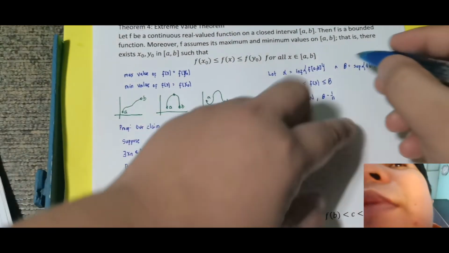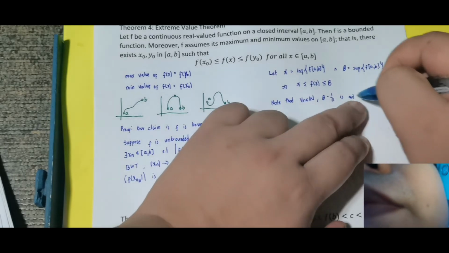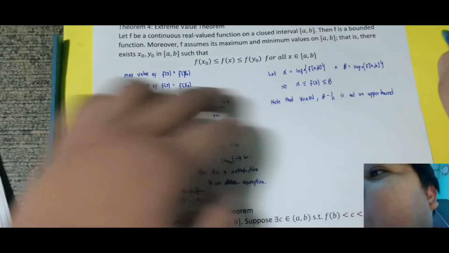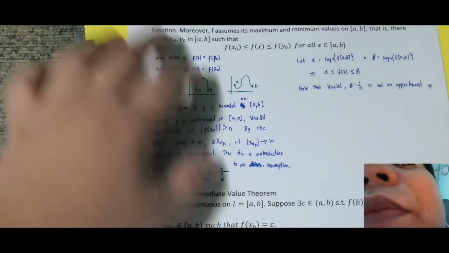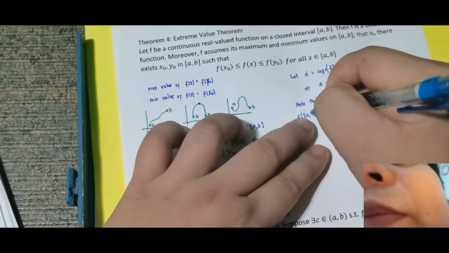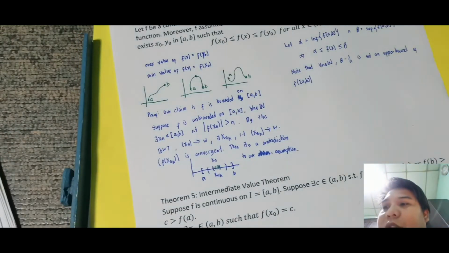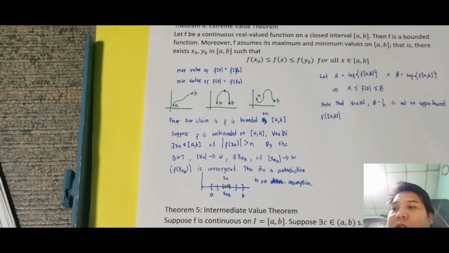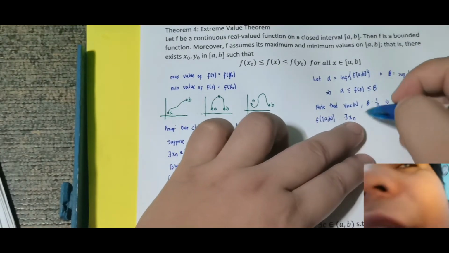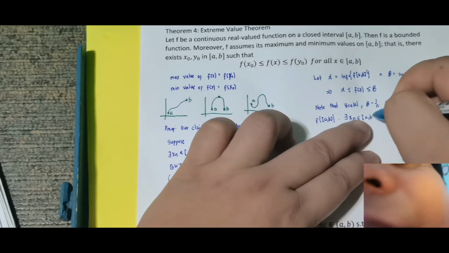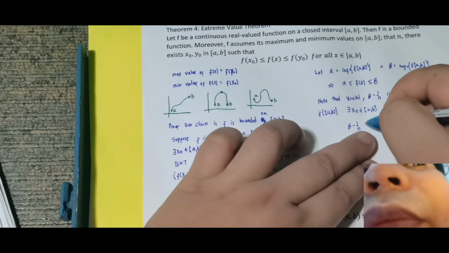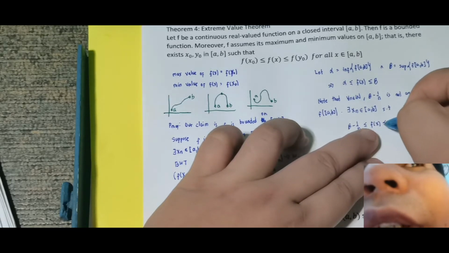So beta minus 1 over n is not an upper bound of f of the interval (a, b). Now, what does that mean? If it is not an upper bound of f of (a, b), then there exists an x sub n again, an element of the interval (a, b), such that beta minus 1 over n is less than or equal to f of x, less than or equal to beta.